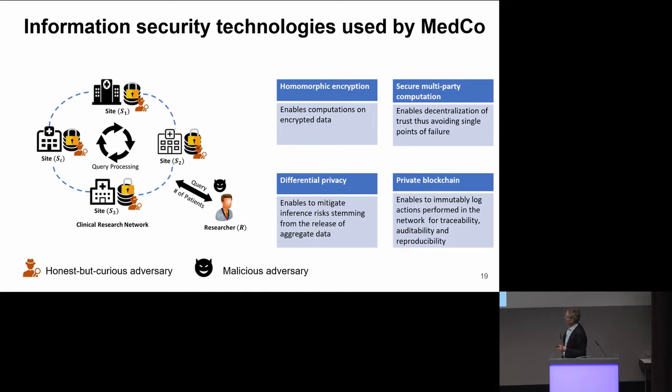So the idea is for a researcher to generate a query to a confederation of sites or hospitals, for example, and obtain, in the first stage, just the number of patients that correspond to specific criteria, and then to be able to make computations on this data while keeping the data at the different sites.